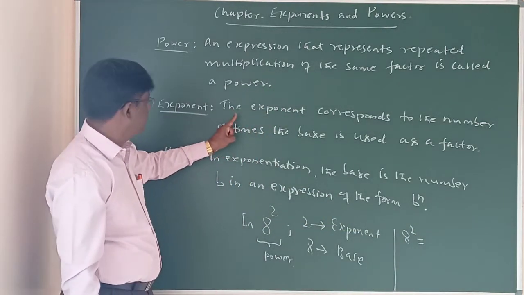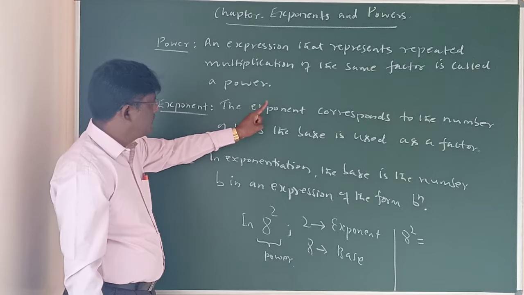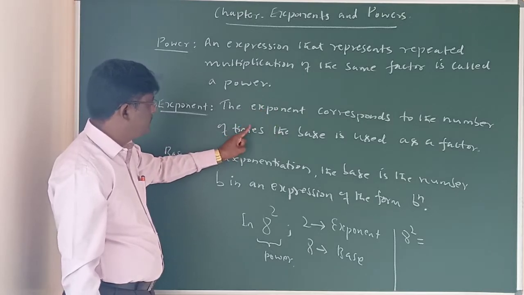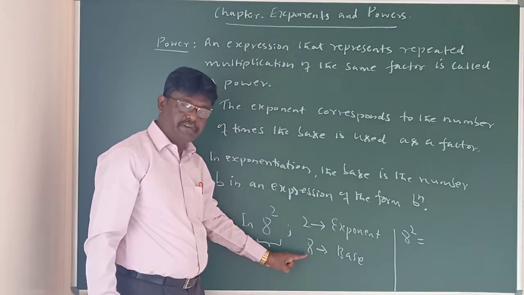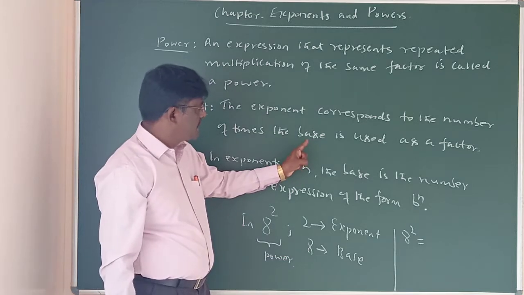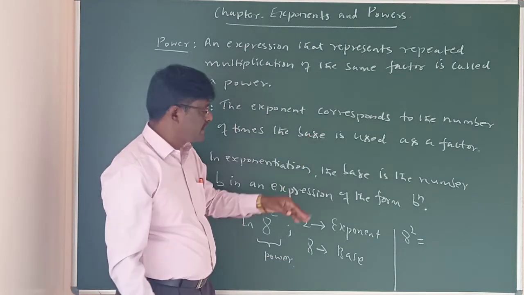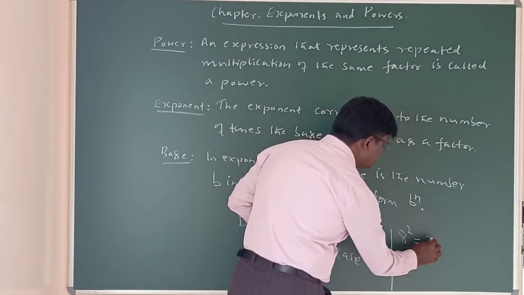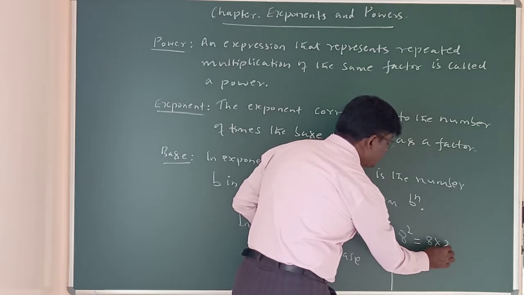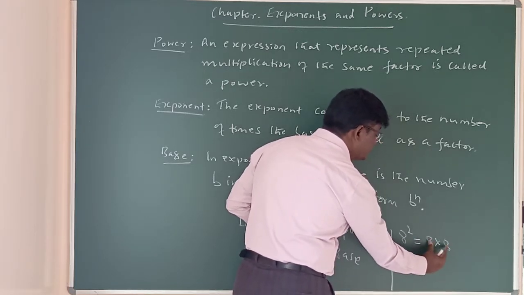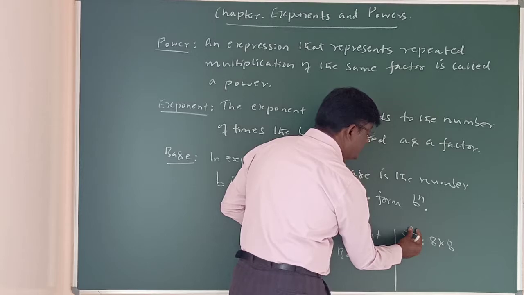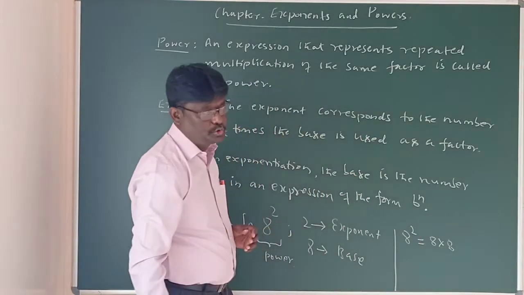Then what is the meaning of exponent? The exponent corresponds to the number of times the base, which is the base, children? 8. Number of times the base is used as a factor. Therefore, here we write 8 2 times. That 2 times is denoted by this exponent 2.